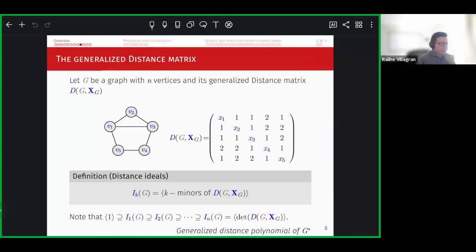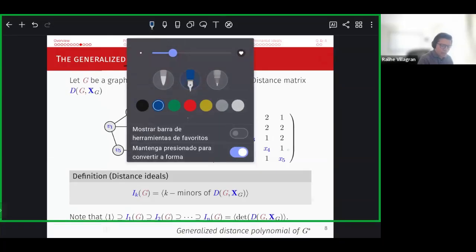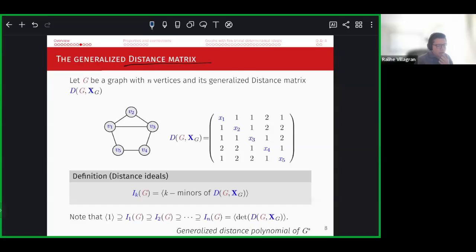Now, if we keep changing this, and now we use the distance matrix, then those ideals we define as distance ideals. So now we take the distance matrix of a graph, we place variables on the diagonal, compute the minors, and think about the ideals generated by these minors.